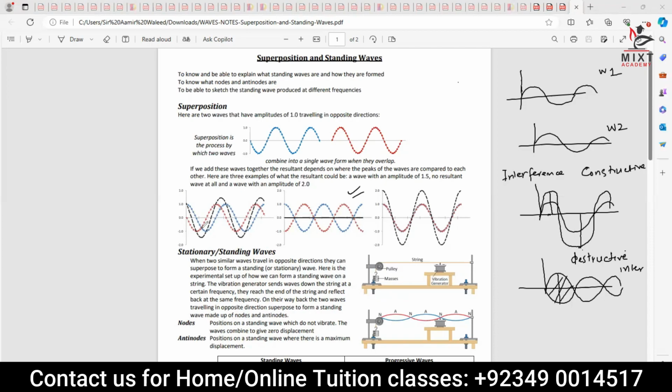If you check this out here, one wave is a bit ahead of the other wave. So here you can't say it's properly constructive or destructive interference. They are a bit far away from each other. So what is the difference between the two waves? We call it phase difference.